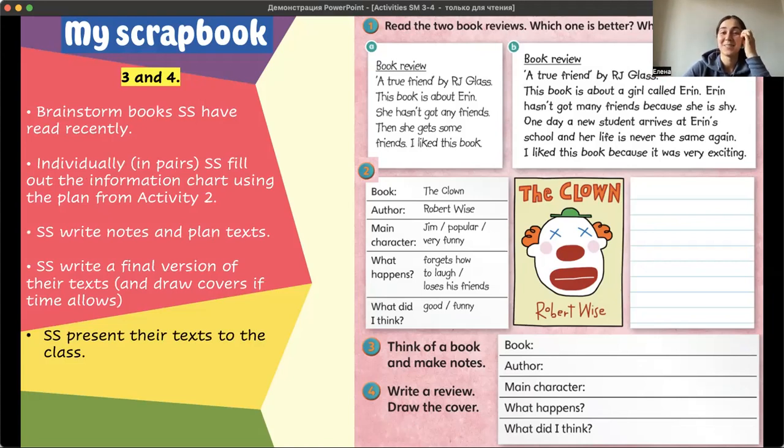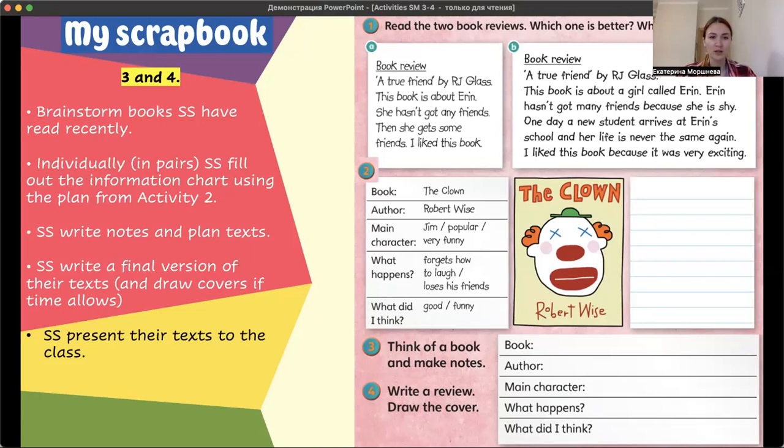Yeah. So, and of course we can draw the covers if we have time. So here in number 4, it says draw the cover. We can give them some minutes to enjoy drawing. Well, I think it's a great idea to let them draw, but without writing the name of the book.